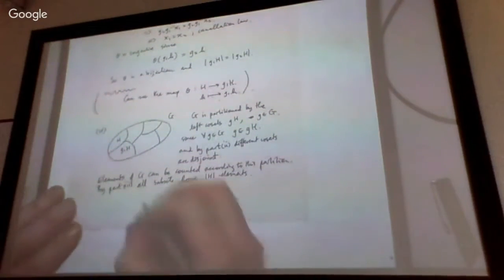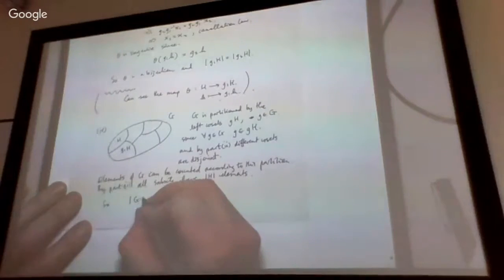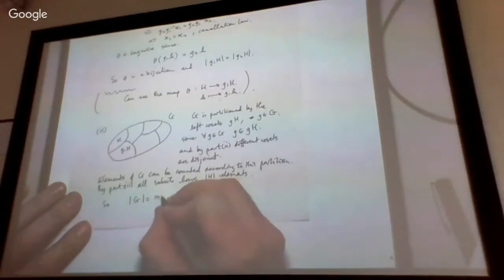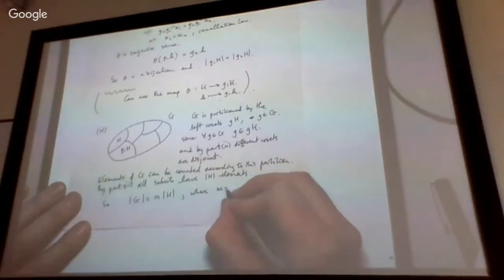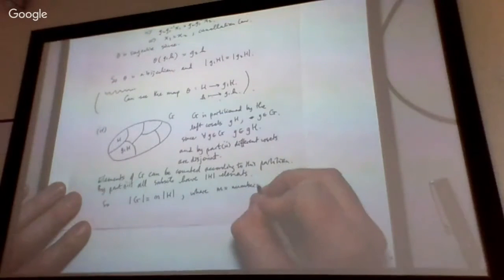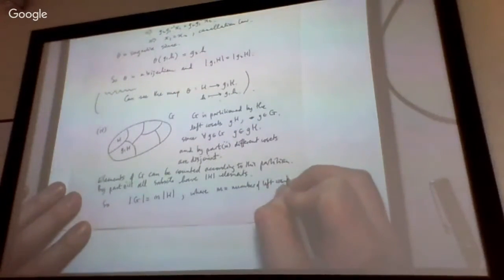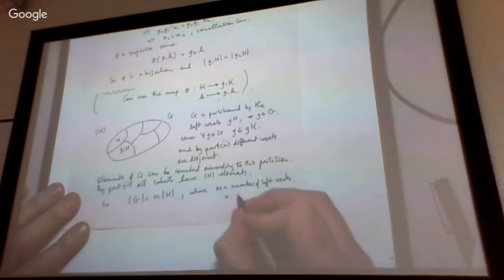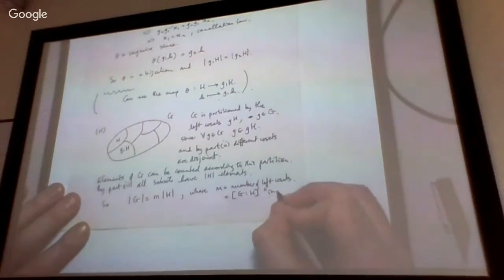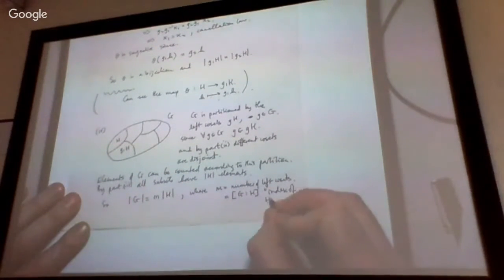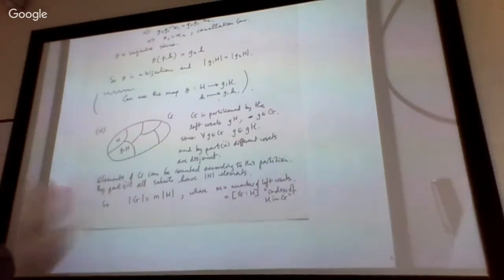So the order of G is equal to m times the order of H, where m equals the number of left cosets, which is what we call the index of H in G. So m is an integer because m is just a count of the number of subsets that there are.